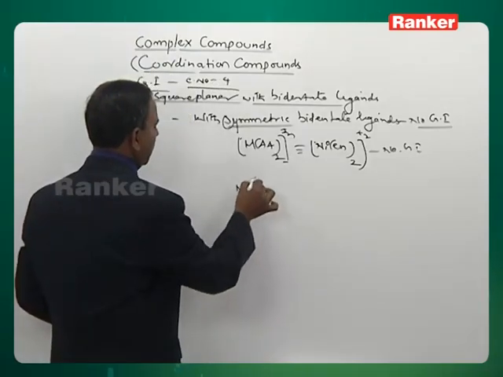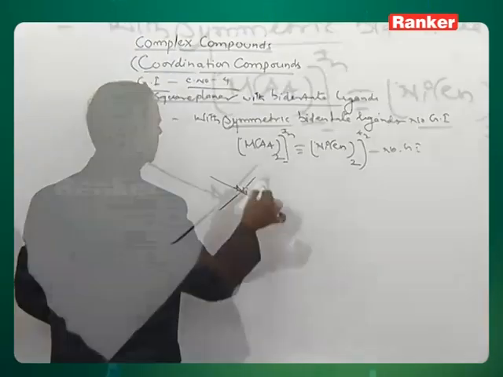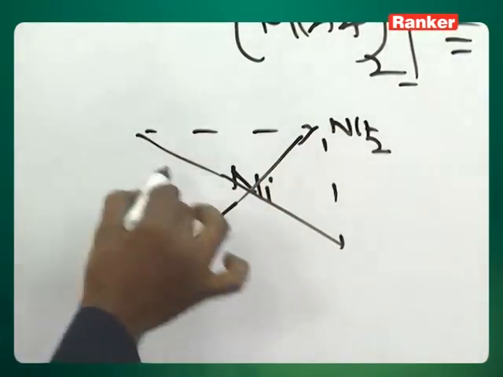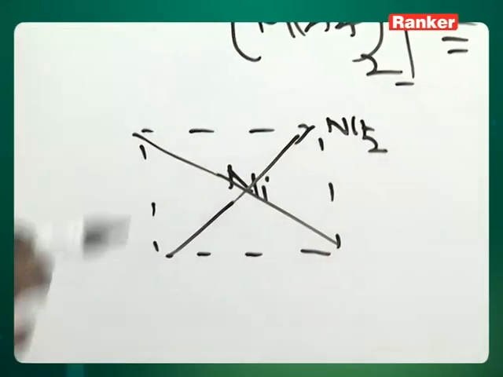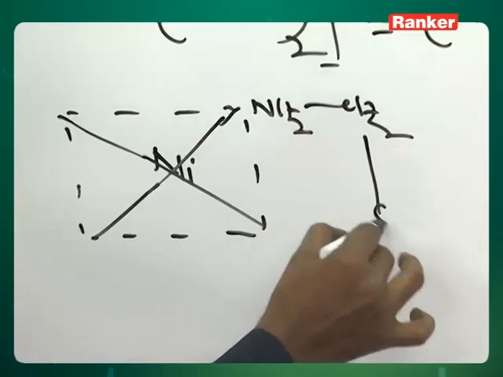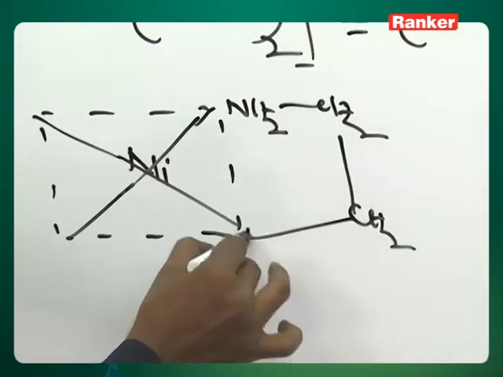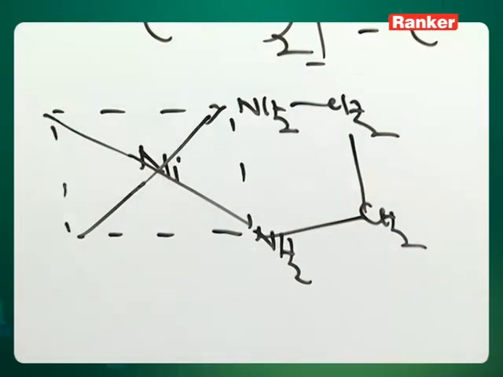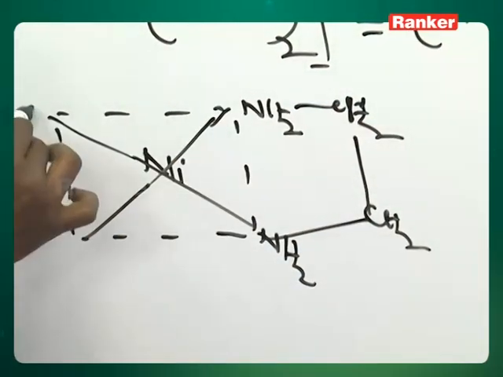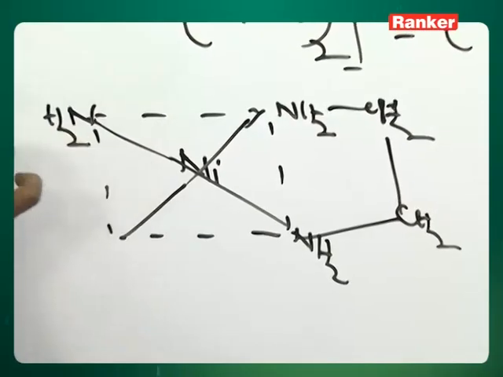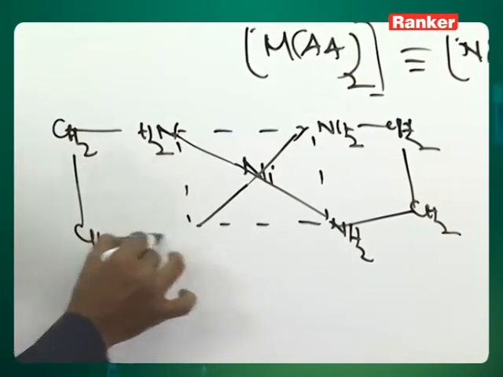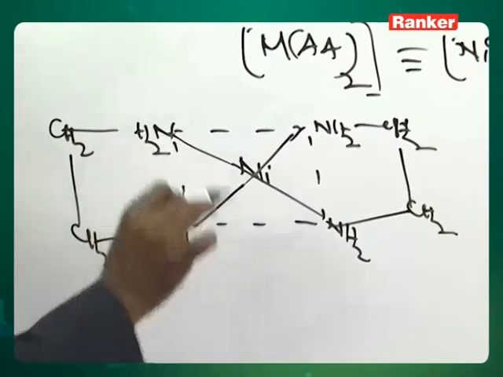Nickel linked to ethylenediamine, making square planar geometry. This is CH2, CH2, NH2, and another one like this.